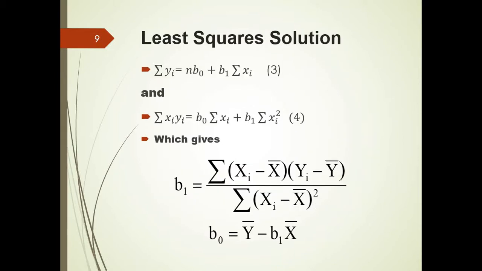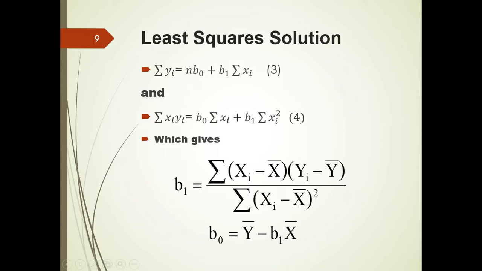Anyway, by solving we can get the equations: sigma y_i equal to n b naught plus b1 sigma x_i, and sigma x_i y_i equal to b naught sigma x_i plus b1 sigma x_i squared, which gives b1 equal to sigma (x_i minus x bar)(y_i minus y bar) over sigma (x_i minus x bar) squared, and b naught equal to y bar minus b1 x bar. Actually, you can write this in a simple way.